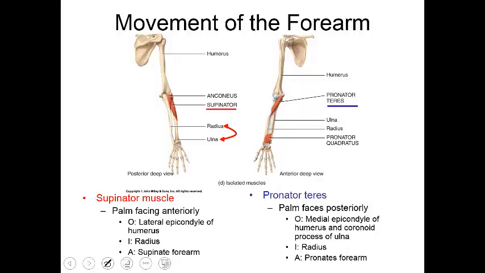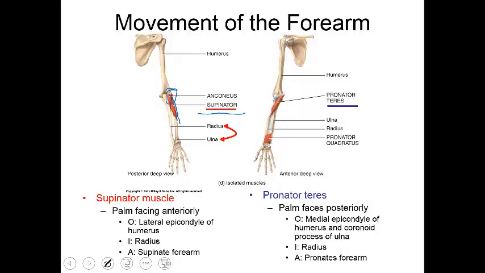Now both of these muscles are deep muscles, and the first muscle that we're going to look at is the supinator muscle right here. It originates from the lateral epicondyle of the humerus, and it inserts itself on the lateral surface of the radius, and just as the name suggests, it helps you supinate the arm.